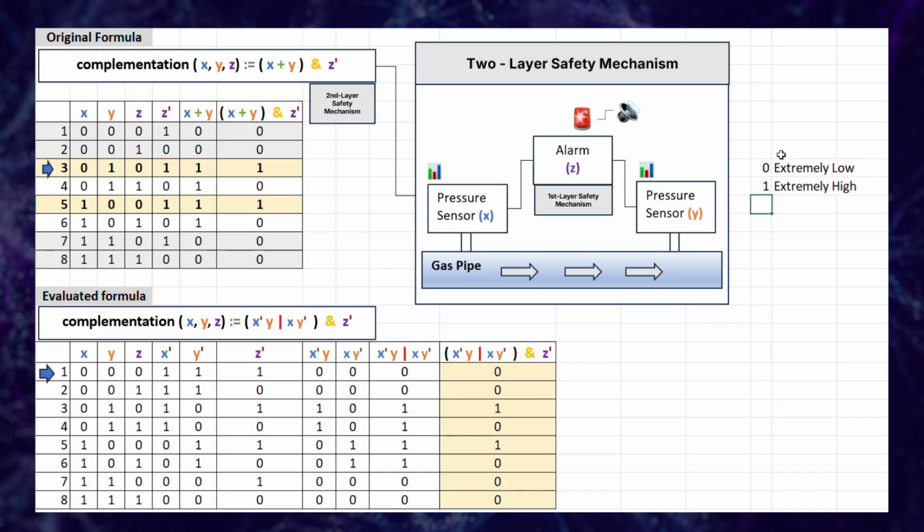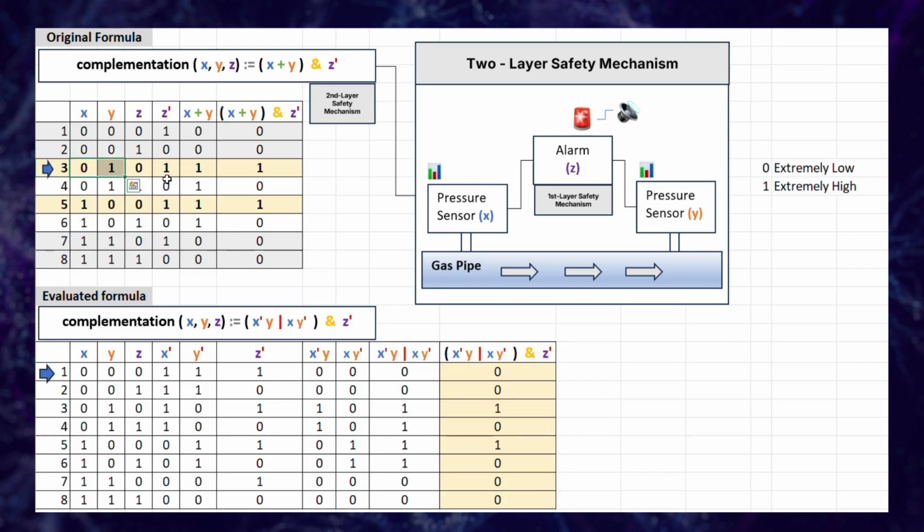If both of them are extremely high, do nothing. Both of them are extremely low, do nothing. But in this area, one is extremely high and one extremely low. Here one extremely low and one extremely high. And here one extremely high and one extremely low. So we got this one.